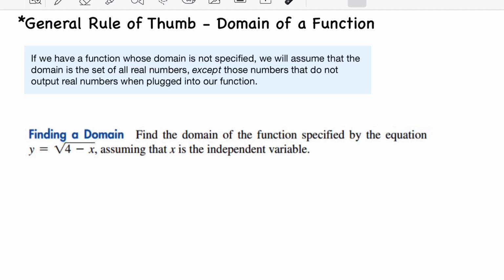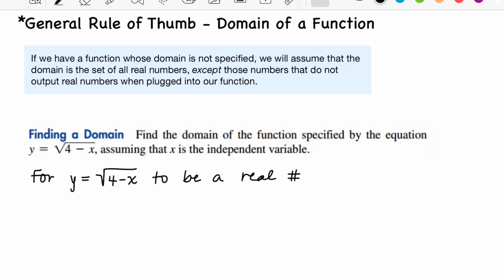So we need this expression here to be a real number. And in order for this to be a real number, the inside needs to be greater than or equal to 0, right?